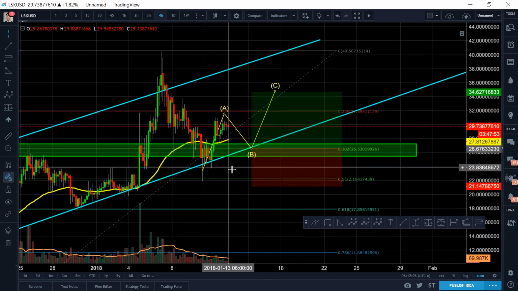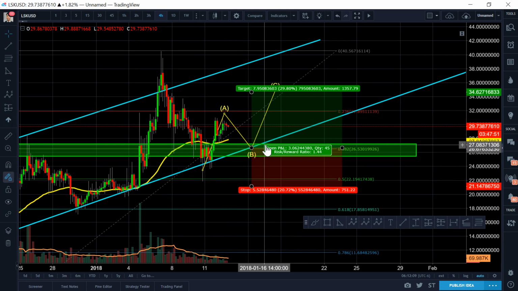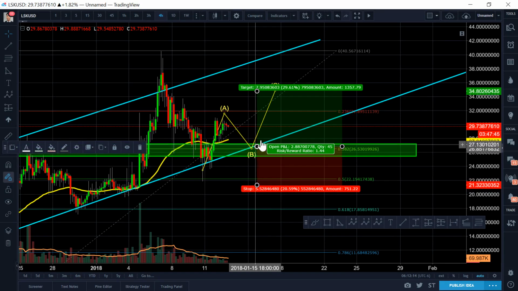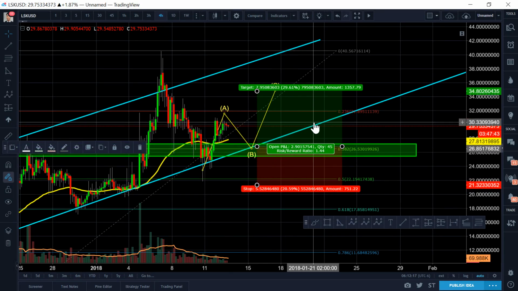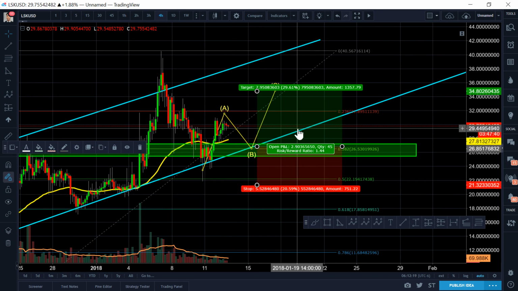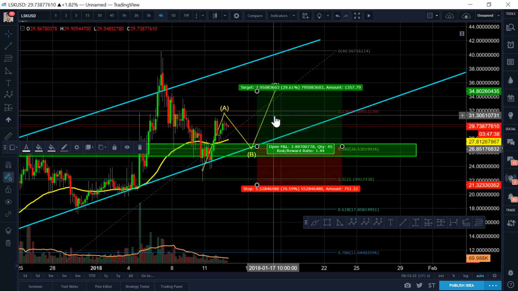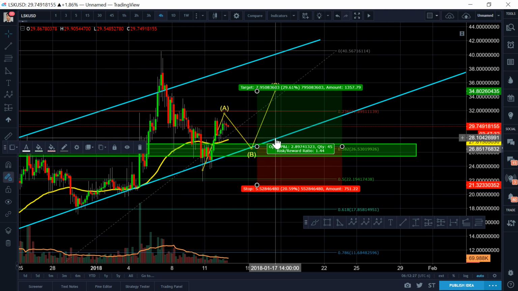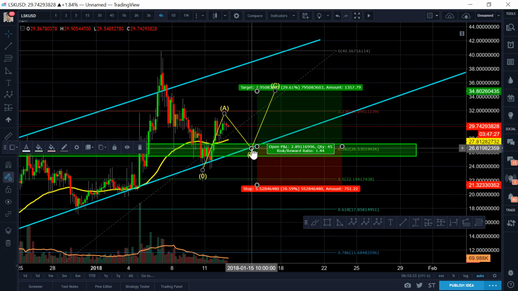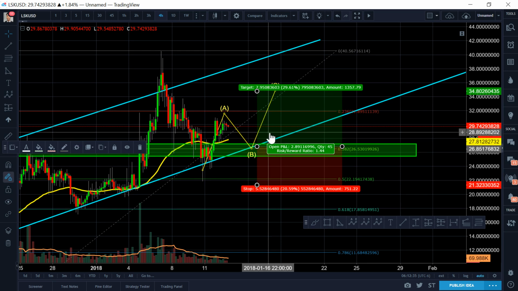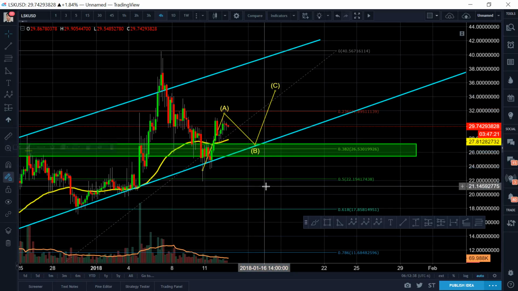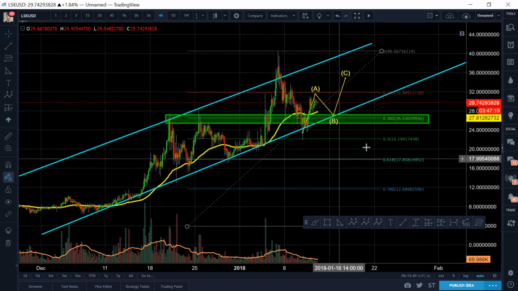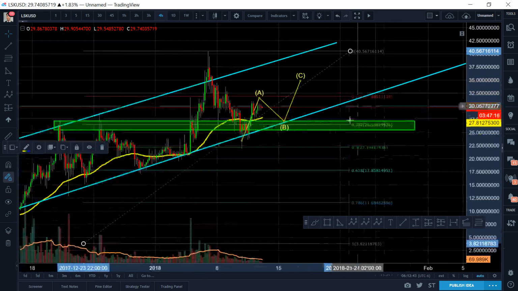So you need to keep an eye if it comes down to the support range again, and we're talking about anywhere under, right now it's at 29.74, say anywhere under $28. Under $28, keep an eye on it, okay? That's all I can say for now.